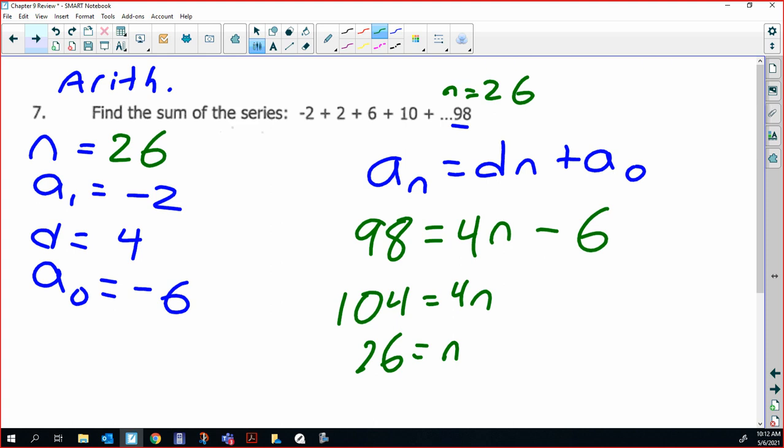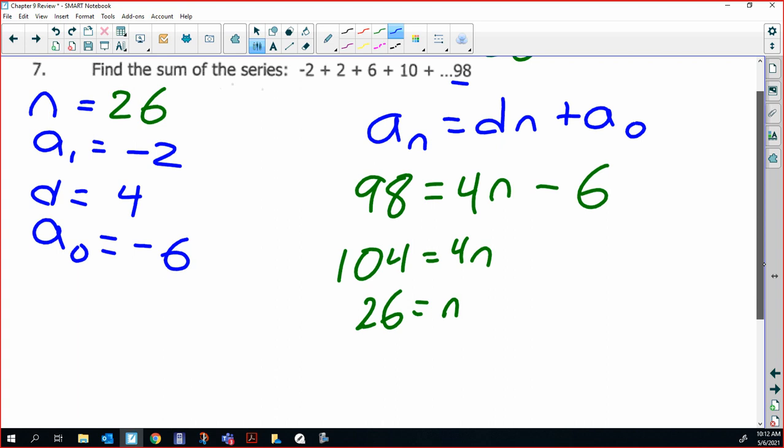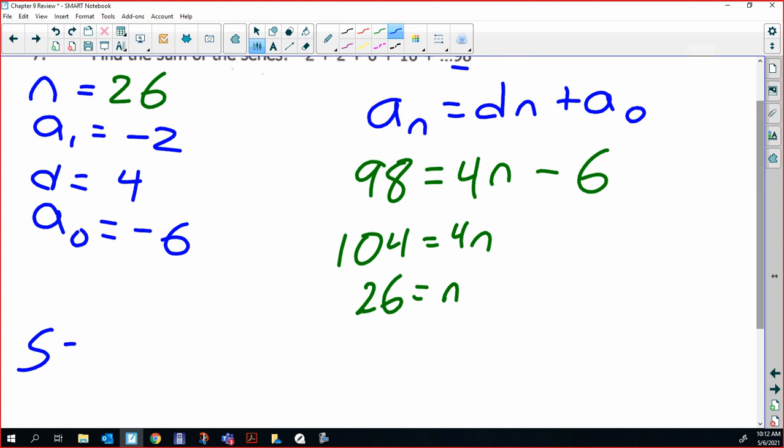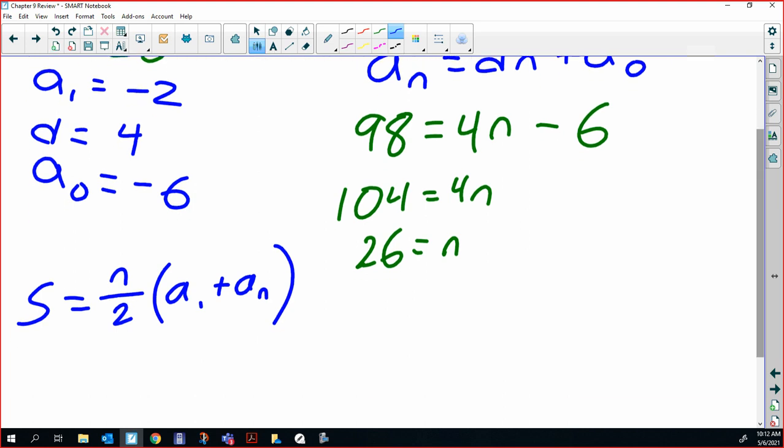Now we need to find the sum. You need to know n so that you can find the sum, because the sum formula is n divided by 2 times a1 plus an. So that's 26 divided by 2.